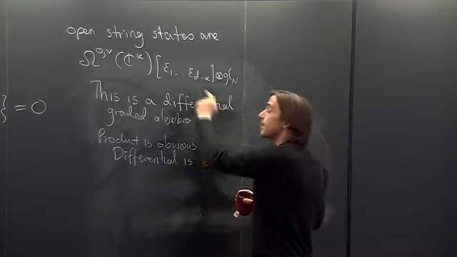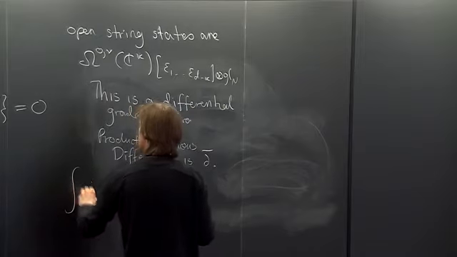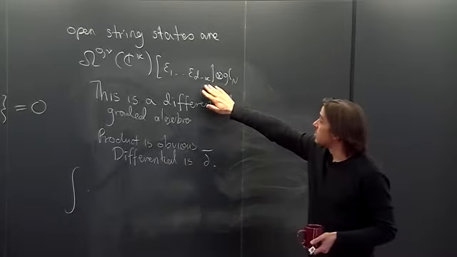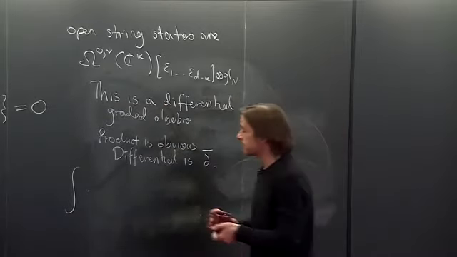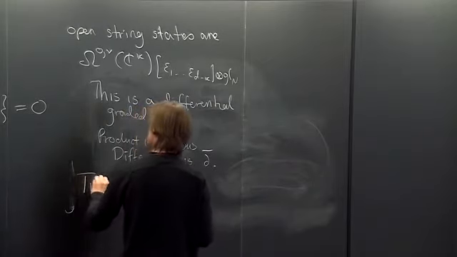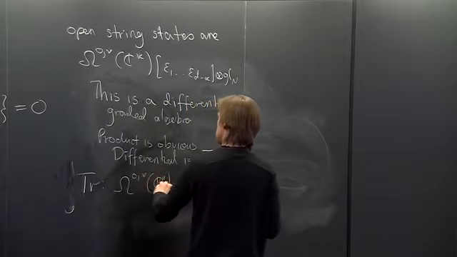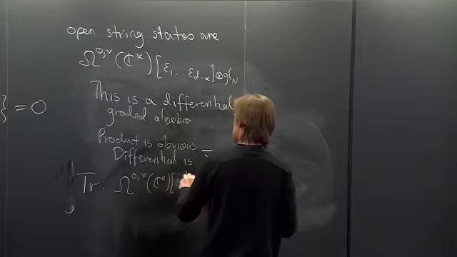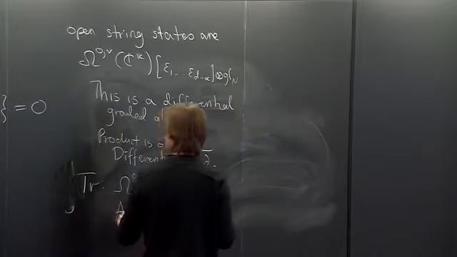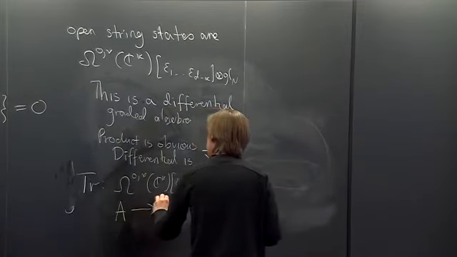It has one more piece of data. It also has an integration map, assuming we look at forms which decay rapidly at infinity. We'll call it trace. Also a trace map, which sends a matrix whose coefficients are in this ring to the integral.